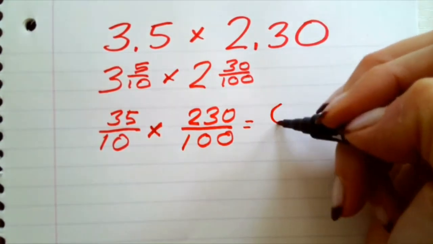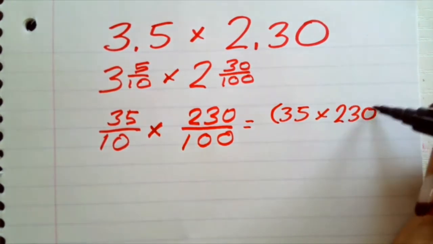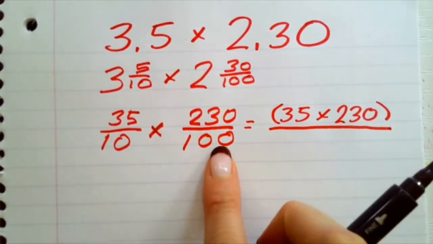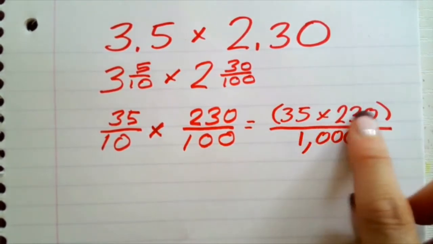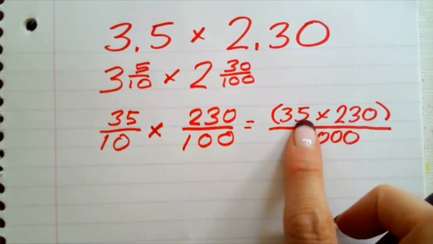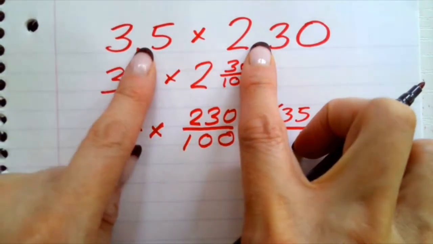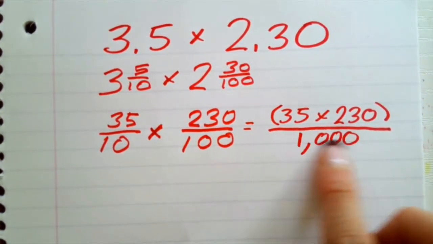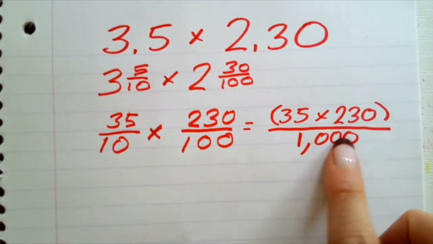The numerator will be whatever 35 times 230 is, and the denominator will be 10 times 100, or 1,000. So this amount, which, by the way, is the same as our original equation but without the decimal points, is being divided by 1,000, or multiplied by 1/1000th.